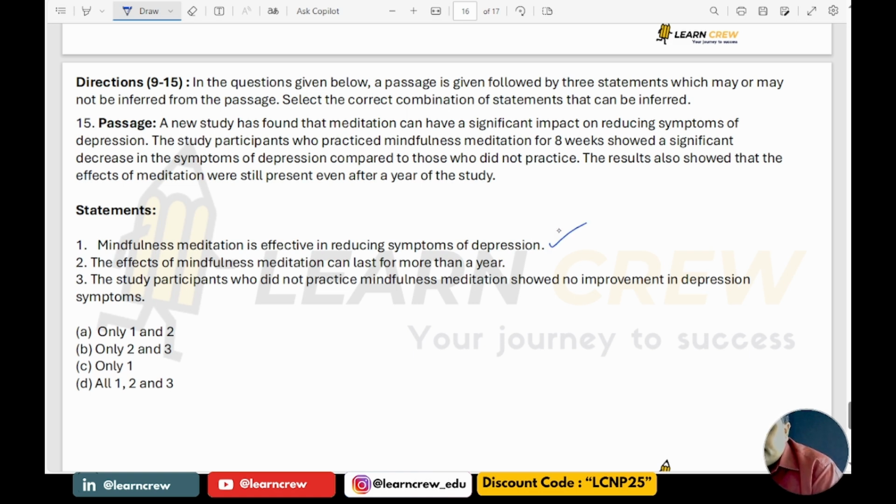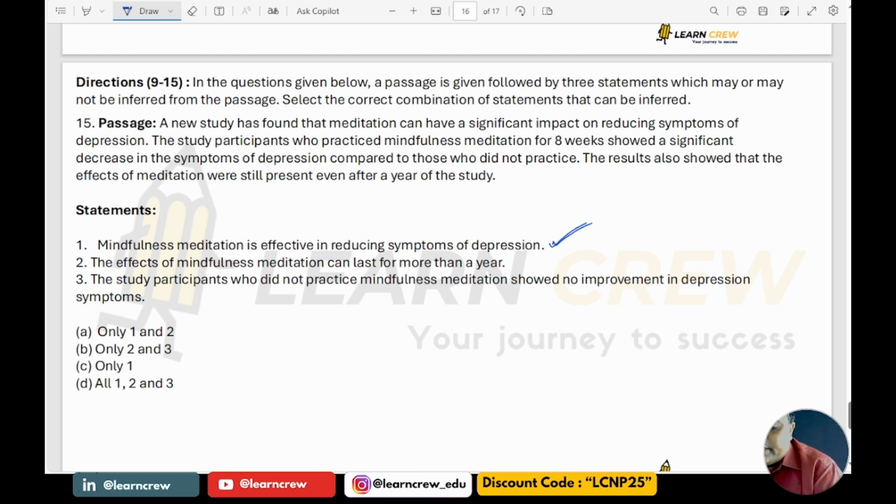So it is directly stated in the passage. If you see here, the study participants who practiced mindfulness meditation for 8 weeks showed a significant decrease in the symptoms of depression. From this, it can be inferred that mindfulness meditation is effective in reducing the symptoms of depression.